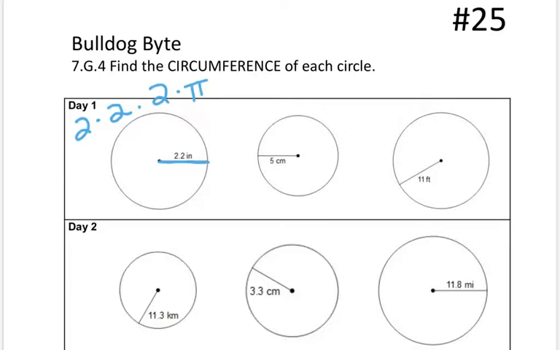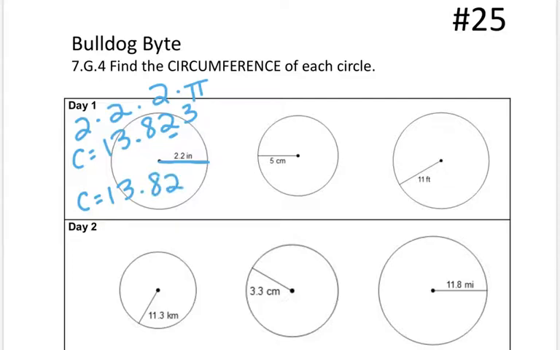When you do that, you see that the circumference is 13.823. I want you to round it to the nearest hundredth. Remember, the hundredth is the second place after the decimal. So the answer for the first problem would be 13.82.